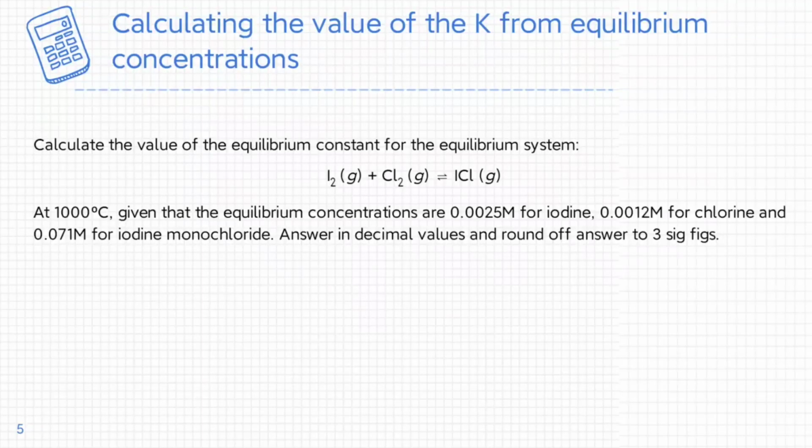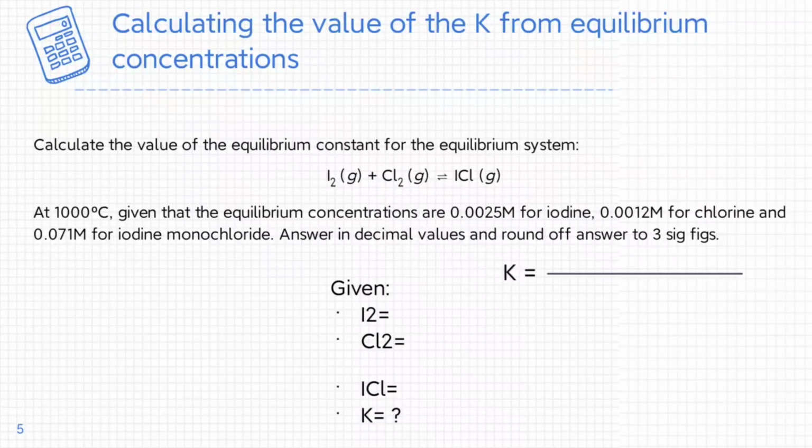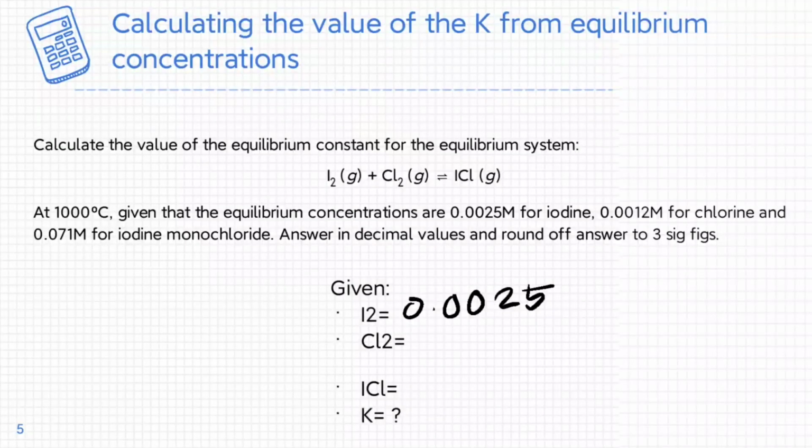Ano ba yung mga given natin? Iodine, 0.0025 molar. Ang chlorine niya naman is 0.0012. And lastly, your iodine monochloride, 0.007.